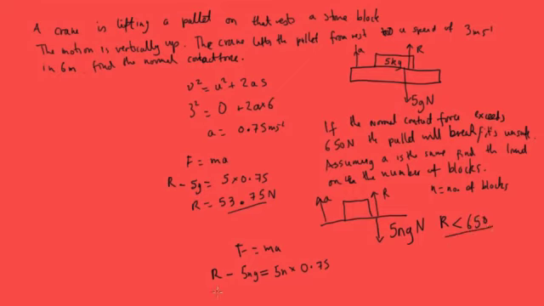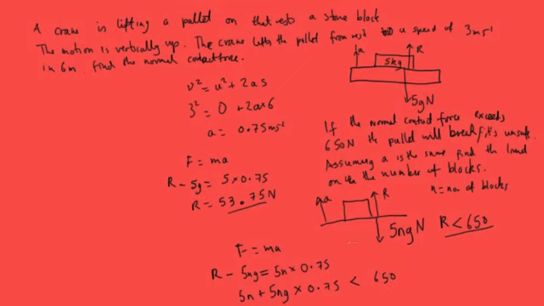So we're going to put the reaction force here, and rearrange this so that we have 5 times the number of blocks, n, times g, plus 5n times 0.75, and that has to be less than 650.